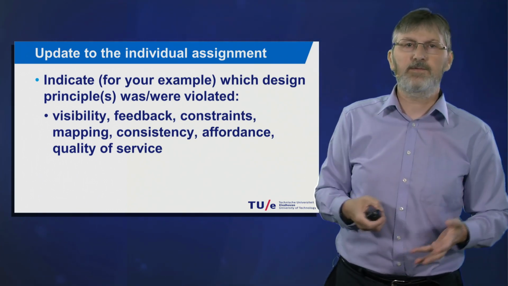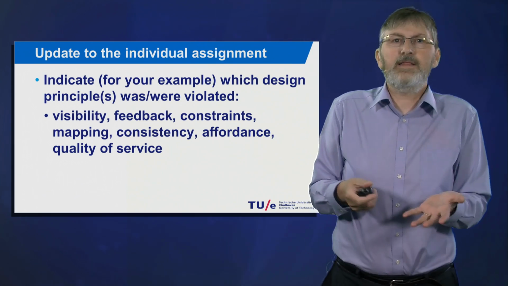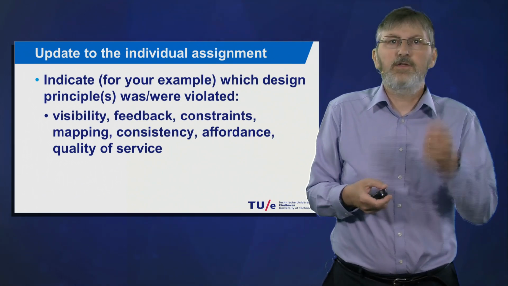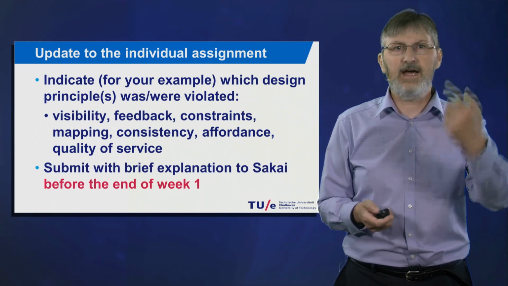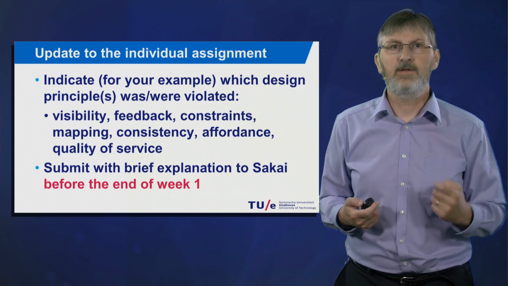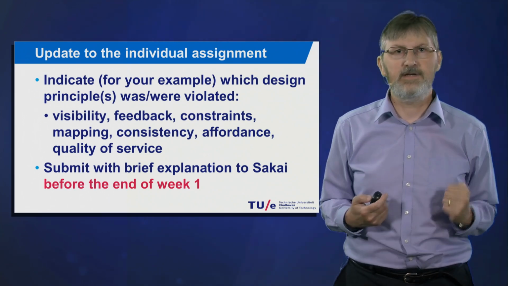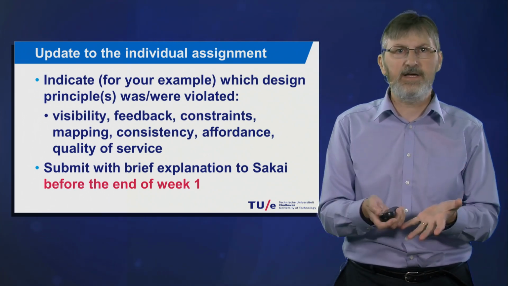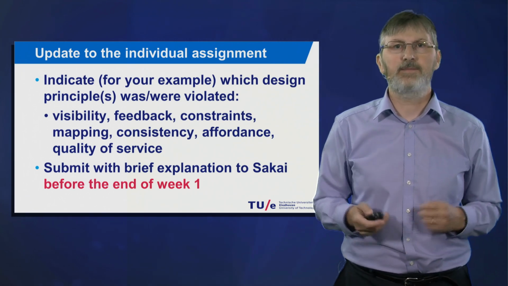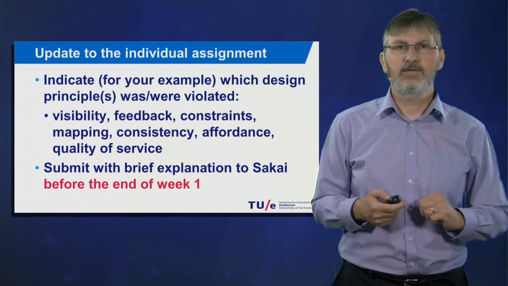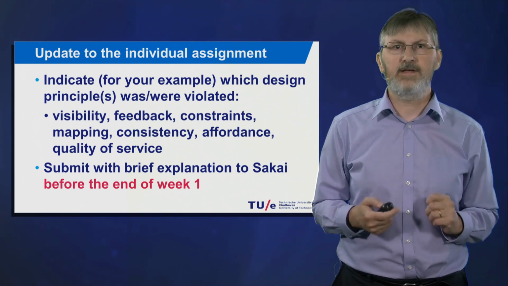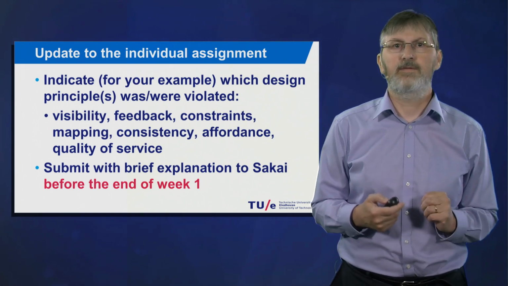Maybe something wasn't really reliable. Doesn't matter. But now you can actually update your assignment and add the explanation. Which of these design principles was actually violated in the example that you found. You have to submit this explanation to our Sakai site before the end of week 1.